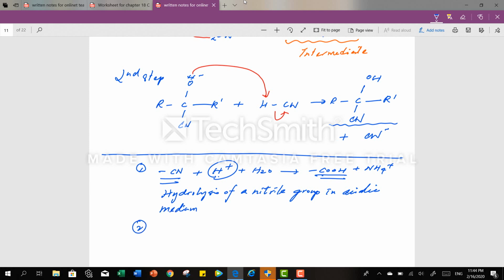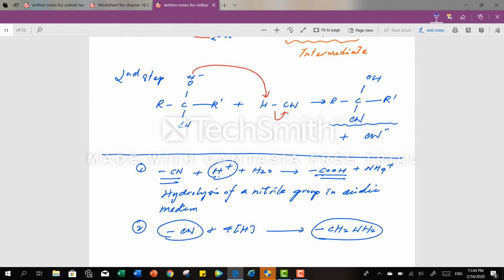And the second one: if you reduce the CN with sodium in ethanol, then the CN group will become an amine, CH2NH2. Remember, right?